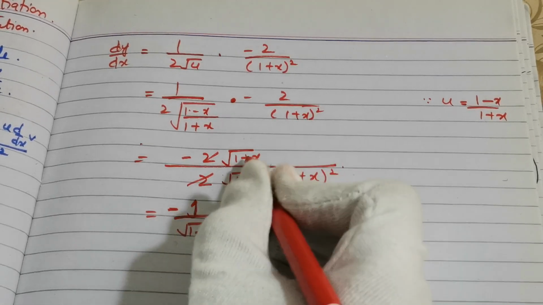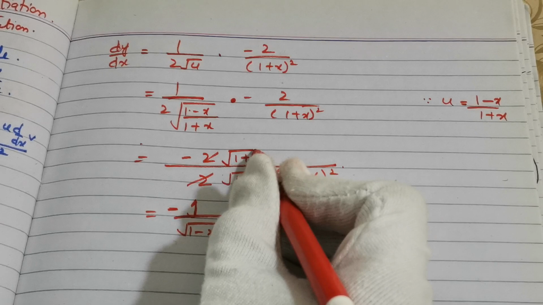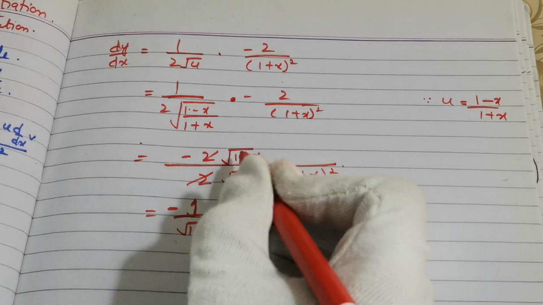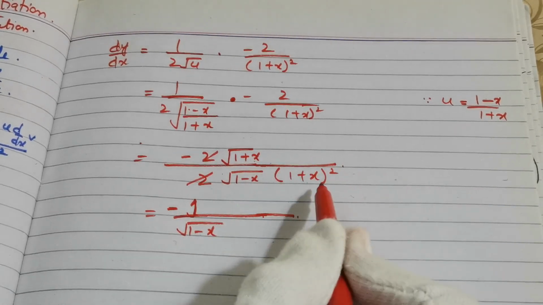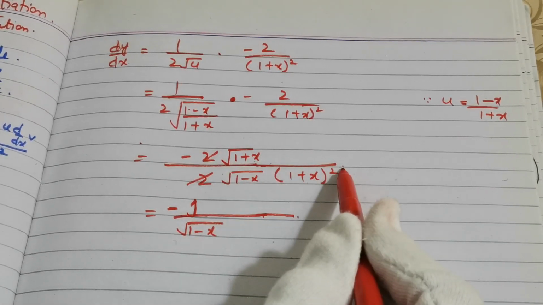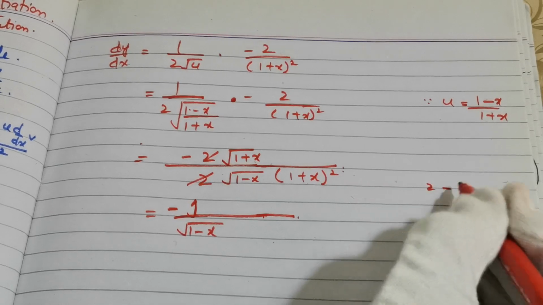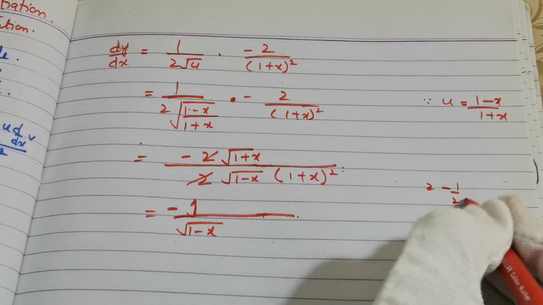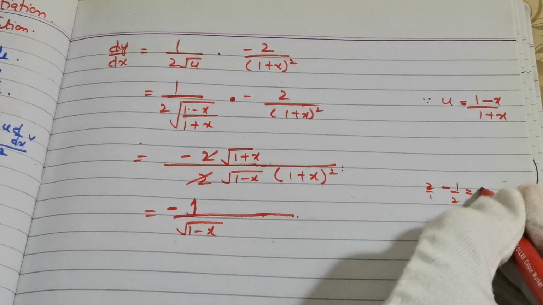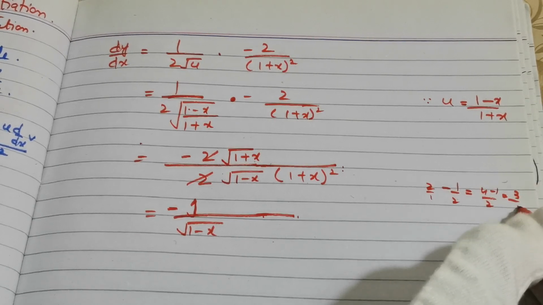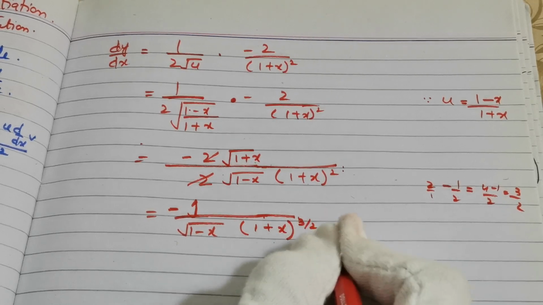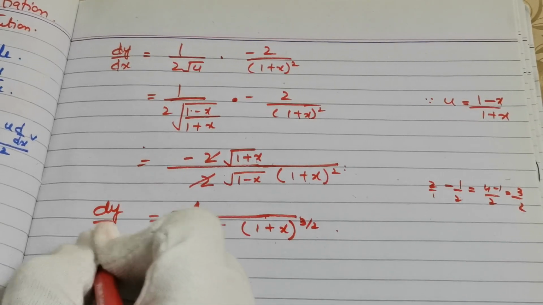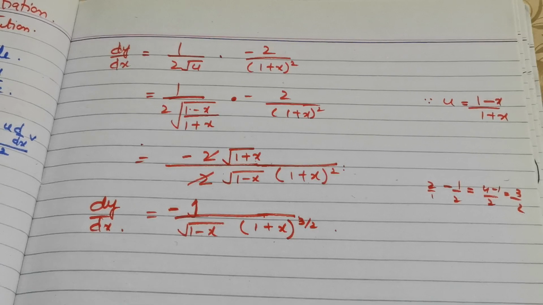When we take this power in the denominator, the positive 1 by 2 becomes negative 1 by 2. So 2 minus 1 by 2 is equal to 4 minus 1 by 2 is equal to 3 by 2. So (1 plus x) to the power 3 by 2, which is our required answer for dy by dx.